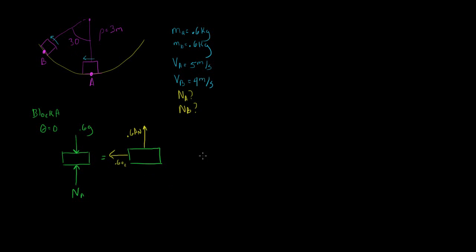So let's sum our forces. If we sum our forces in our normal direction, we get a mass times our acceleration in the normal direction. We have this minus 0.6 g, and I should note that g is equal to 9.81 meters per second squared, which is gravity, plus the normal force of A is equal to 0.6 times the acceleration in the normal direction.